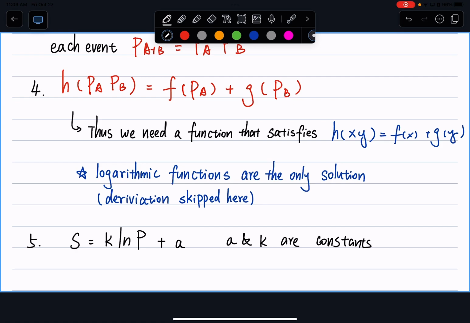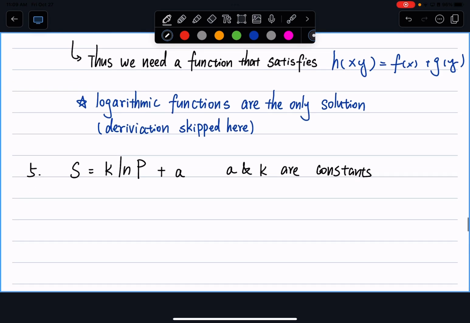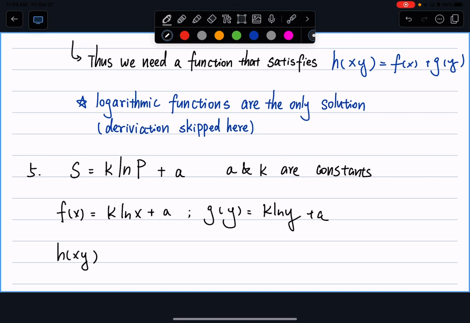So if we plug in what we did before, you have f(x) equals k log x plus a, g(y) equals k log y plus b, and your h as a function of xy equals k log xy plus some kind of constant, c.